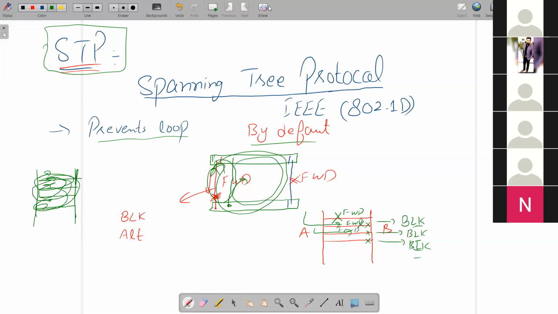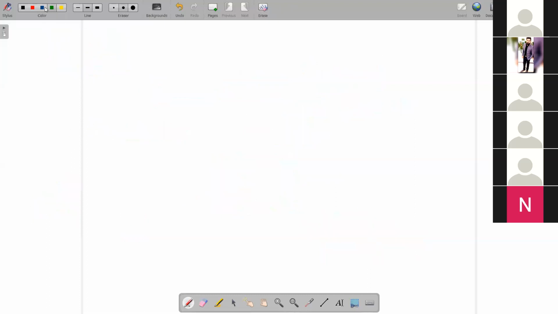So the question is how STP decides which interface to put in the forwarding state and which interface to put into the blocking state. How does it identify? There is an algorithm which we call STA.